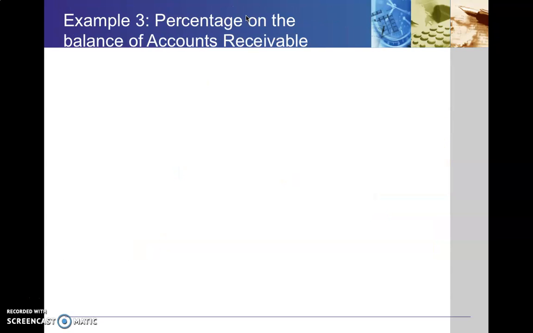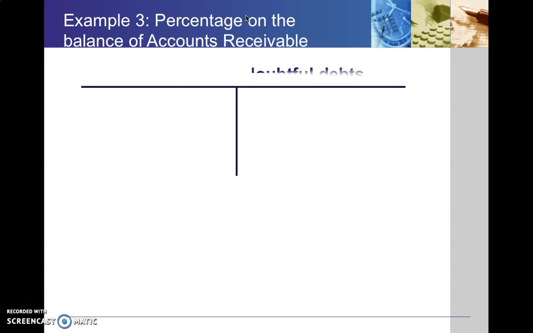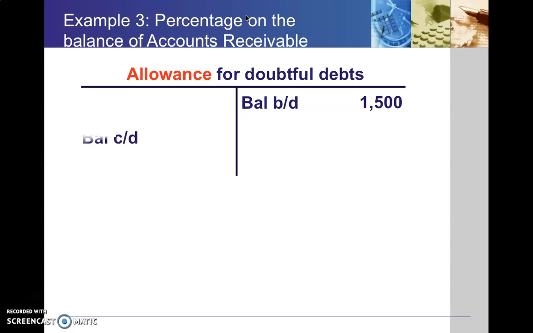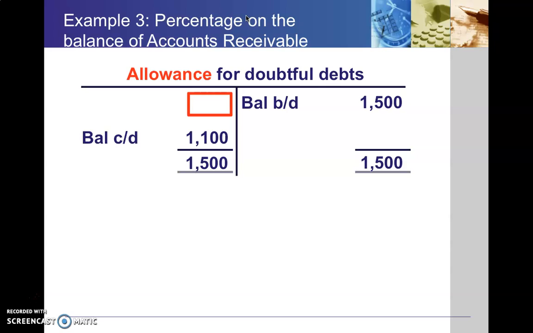Then, the adjustment is needed to get the amount of decrease in allowance for doubtful debt. In the allowance for doubtful debt account, credit balance brought down 1,500, debit balance carried down 1,100. We find a missing figure, 400.